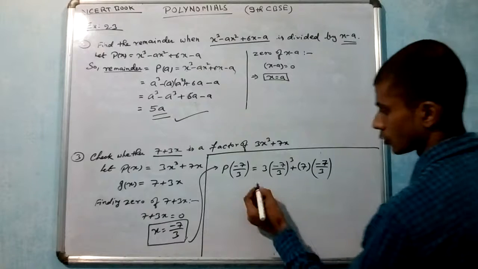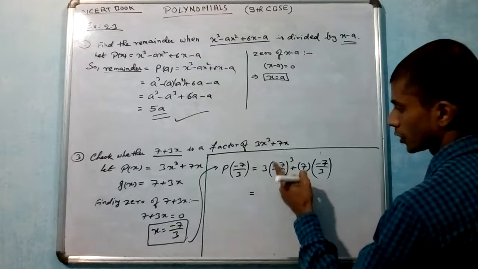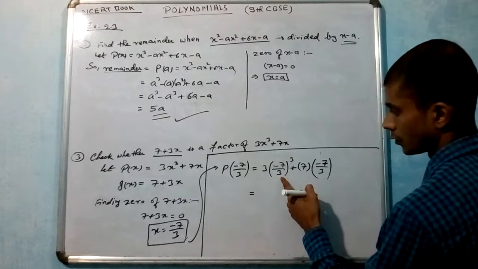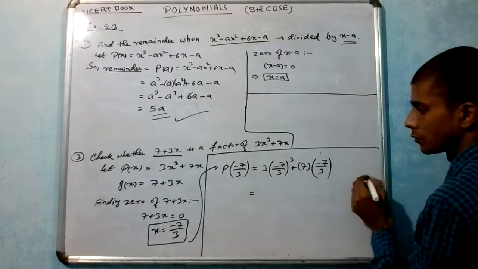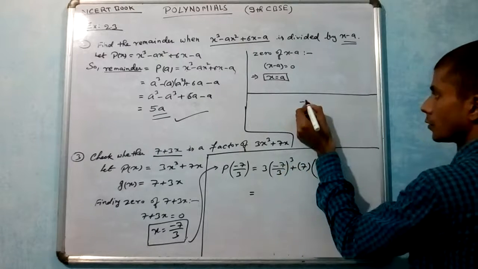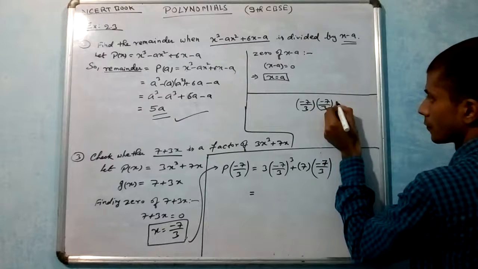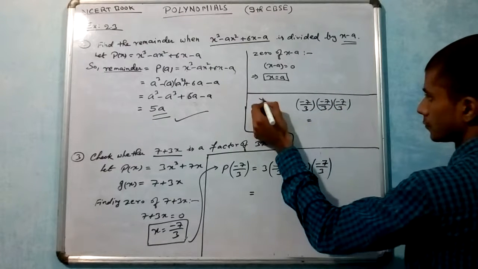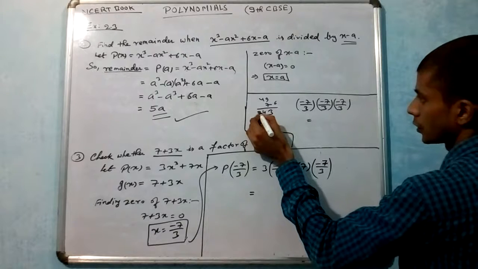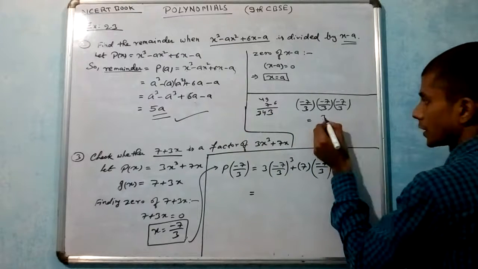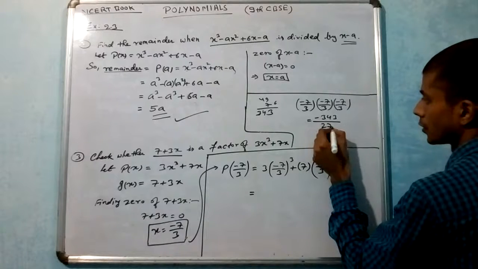So let us solve this. For this whole cube, we'll get 343 here, and minus into minus into minus gives minus, and 3 cubed is 27. Be careful, the minus sign will be there.